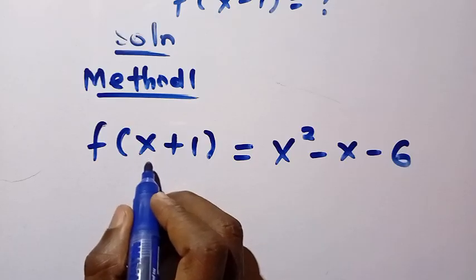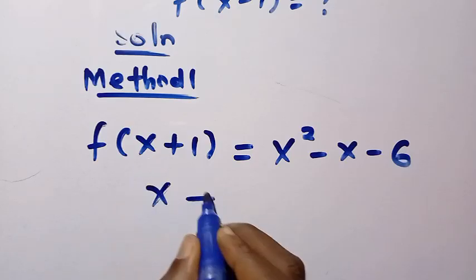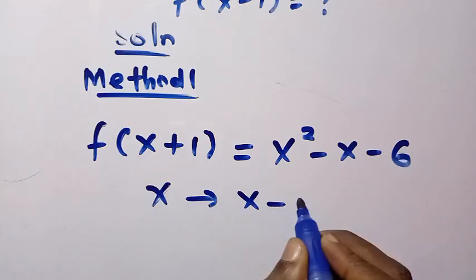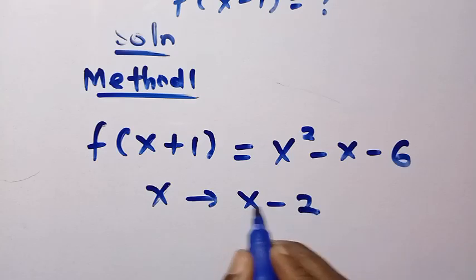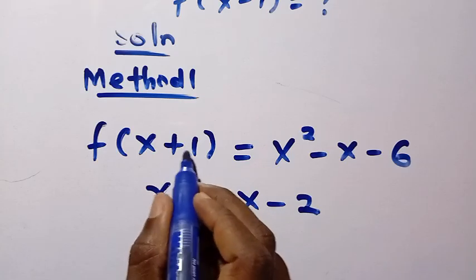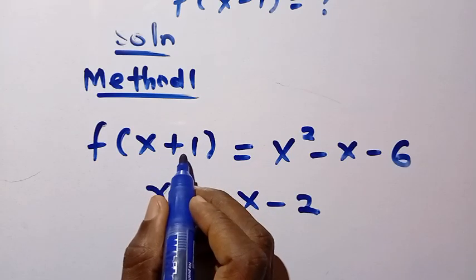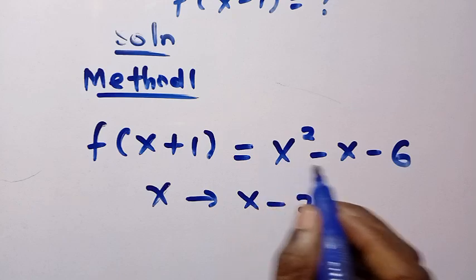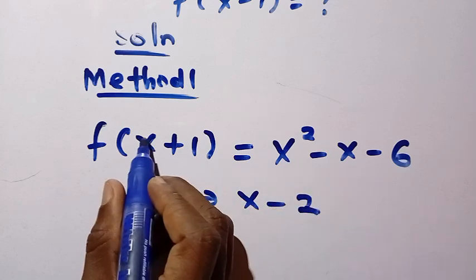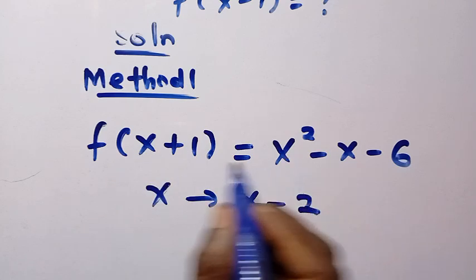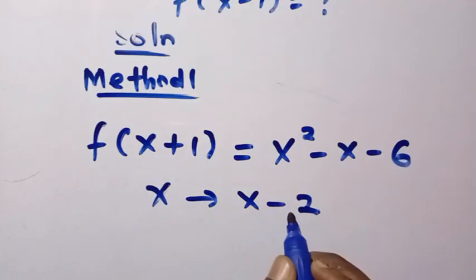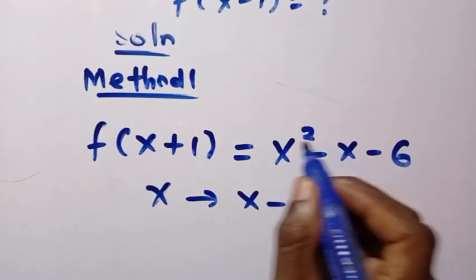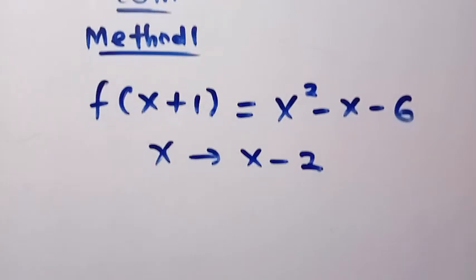To achieve this, we change x to x minus 2. So x minus 2 plus 1 gives us x minus 1, and it will be reflected on the right hand side as well.